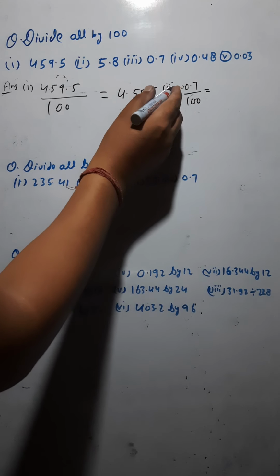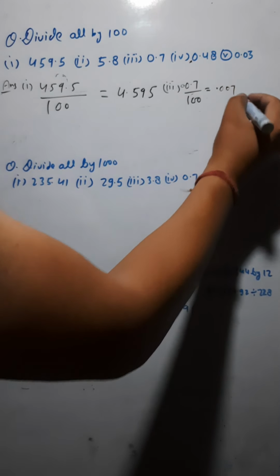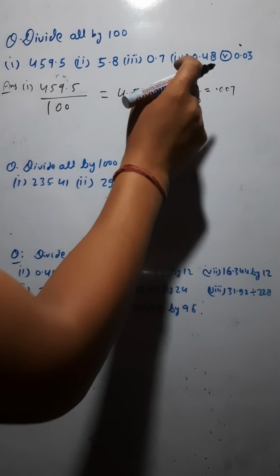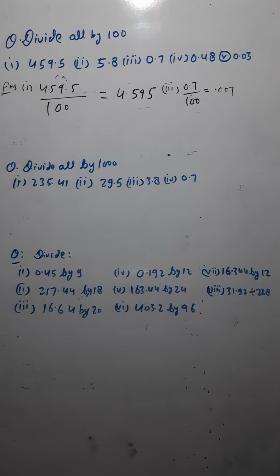So the answer would be 0.007. Are you getting this? This is how you would write the answer. And the rest of the questions you have to do on your own.